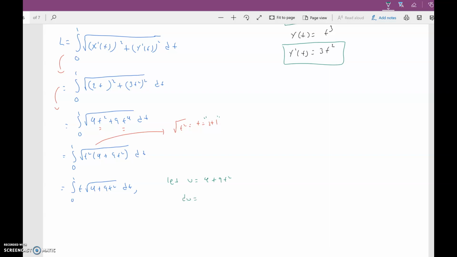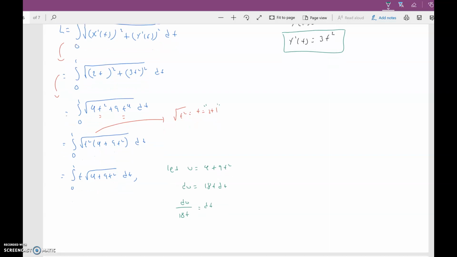And then du is equal to 18t dt, or du over 18t is equal to dt. And then it's actually going to work out nicely. We'll worry about the limits of integration in a minute, but you're going to have t square root of u and du over 18t. So we needed that t on the outside to cancel those.